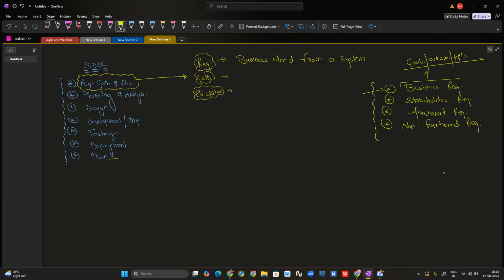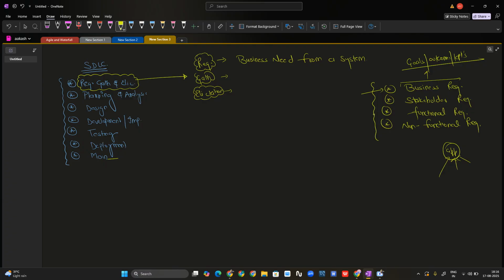Let's suppose we are talking about an app. Including this app, there is not just one department; there can be a number of departments, like finance, sales, and development. That totally depends upon the project requirement and project needs, just like in healthcare.